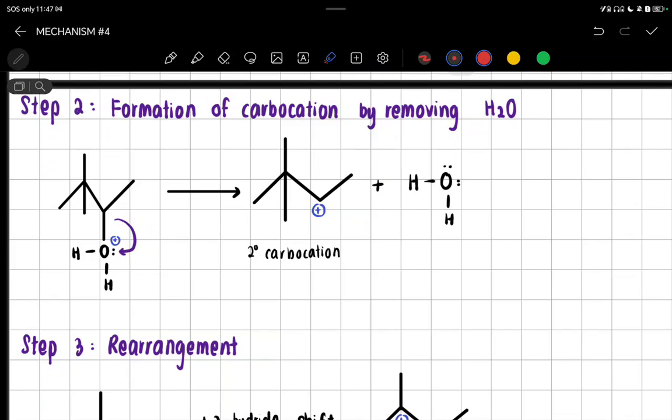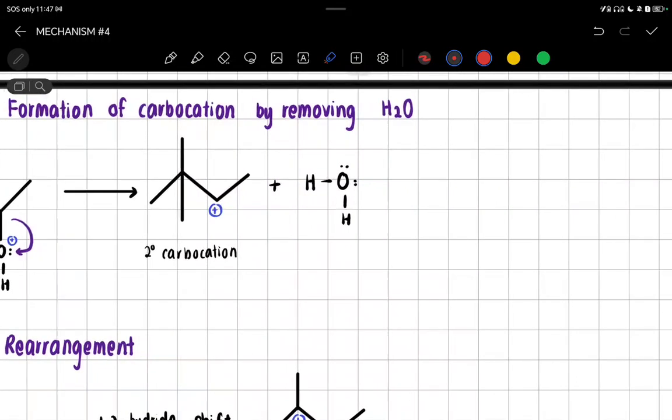So here, eliminating the water results in forming the secondary carbocation.